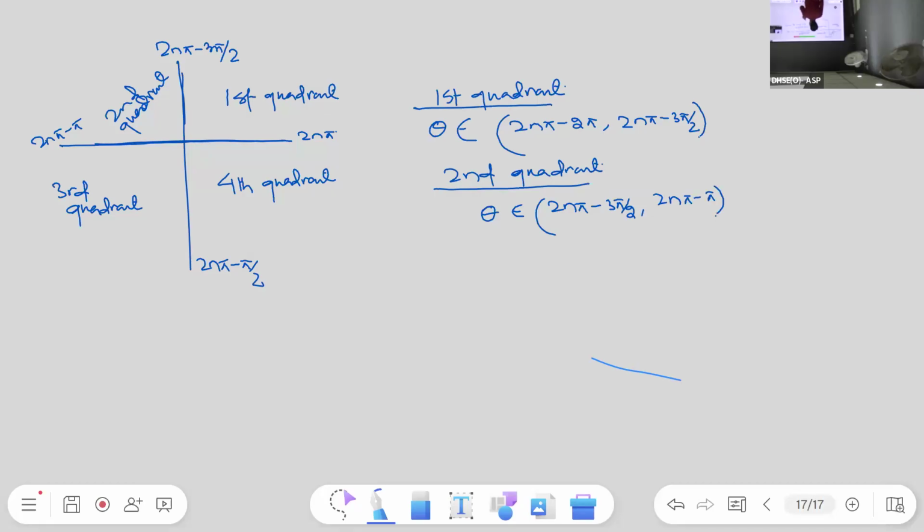Third quadrant, theta belongs to 2n pi minus pi to 2n pi minus pi by 2.